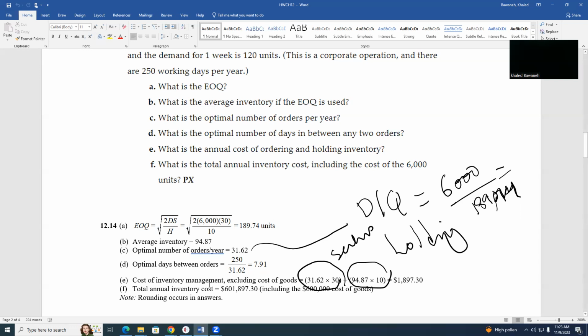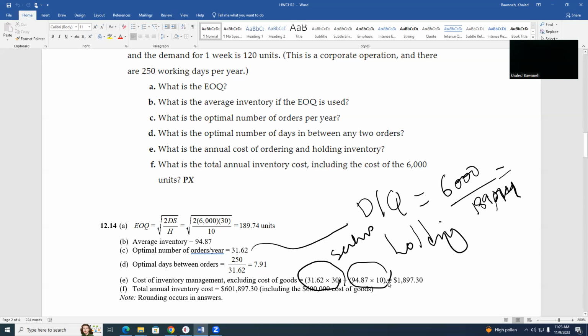Okay, cost of inventory excluding purchase cost: the number of orders times the setup cost plus the average inventory, which is Q over 2, times the holding cost.